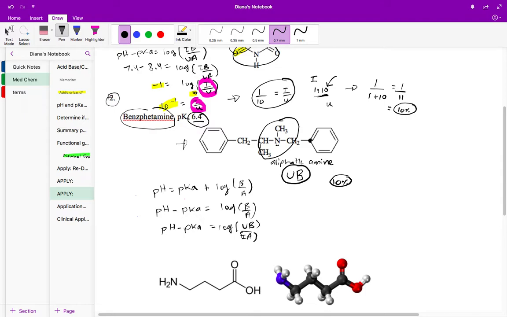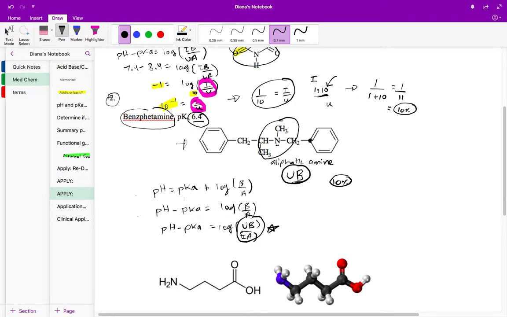So again, this is the final equation we're going to use. And the reason why we care about the variation of the equation is if you start with a UB versus starting with a UA, this part of the equation is going to have the ionized either in the numerator or the denominator. So it does change your ratio. So you don't want to skip this step.